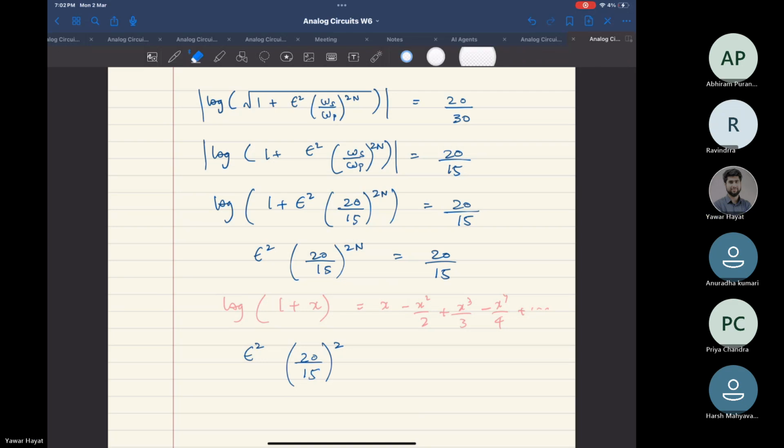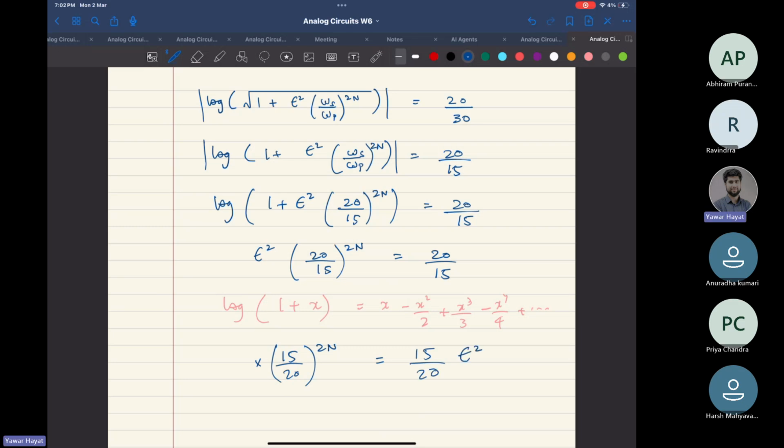No. Should I proceed from here? Let me take a reciprocal. It would be 15 over 20, 2 raised to the power n, 15 over 20, epsilon square. Is this correct? I hope so.